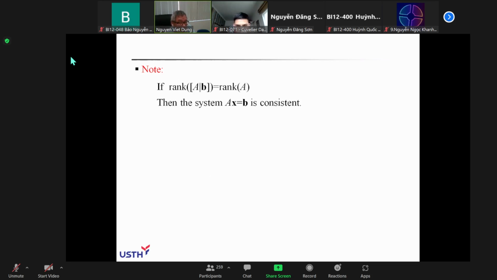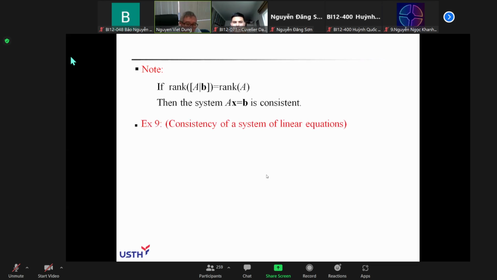The augmented matrix is obtained by writing on the right-hand side of A the column B, like what you are seeing on the screen here. Then if the augmented matrix and the matrix A have the same rank, the system AX equals B is consistent, always.